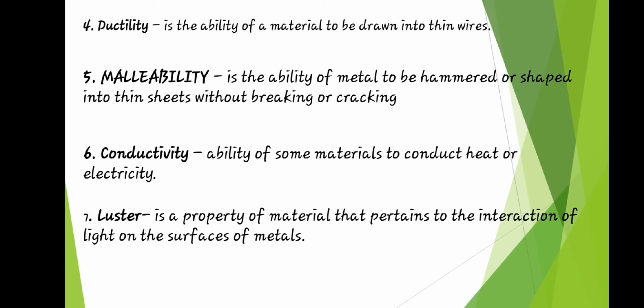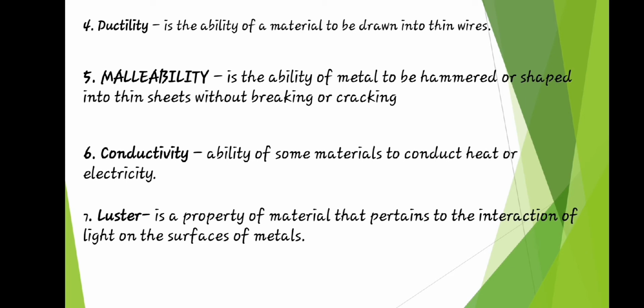That's why it is included in physical property, because there is no chemical change. Ductility is the ability of a solid material to stretch under tensile stress. For example, metal that has been stretched into a wire shows ductility.